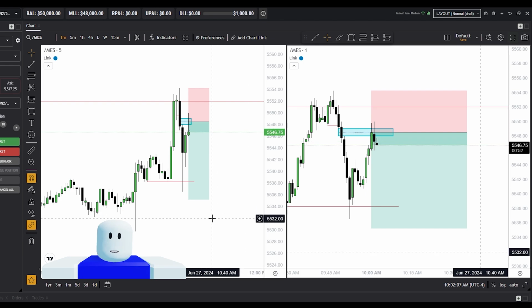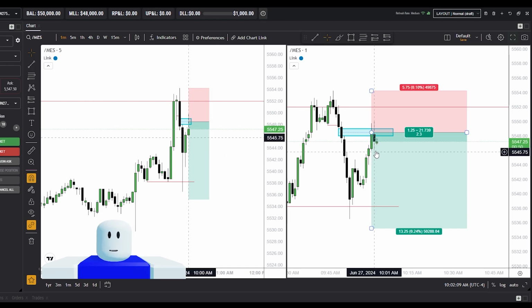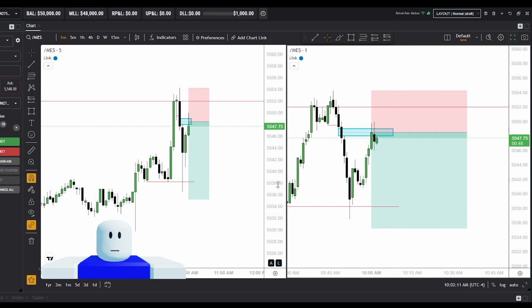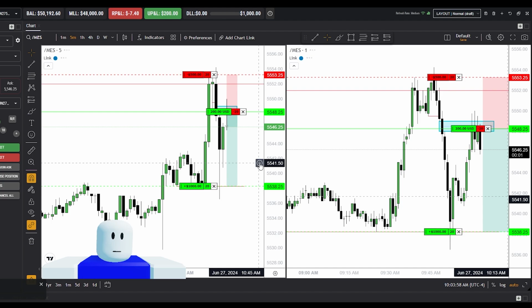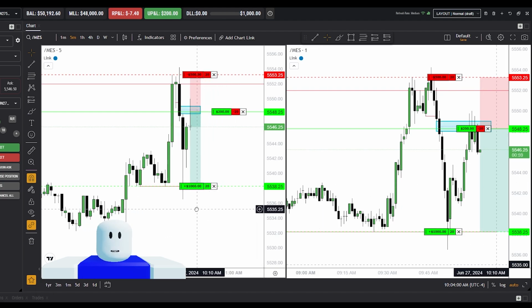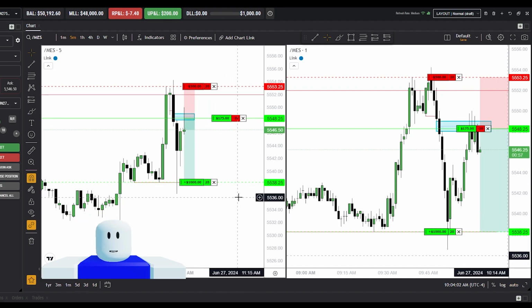So I will definitely take this trade. Just waiting for it to come back up into entry. Order filled. All right, risking 500 for 1,000. Risking 1% basically.